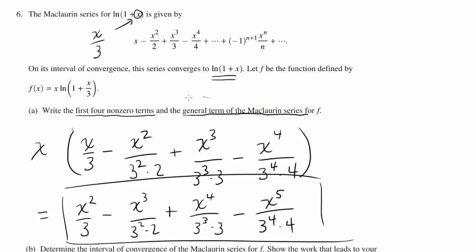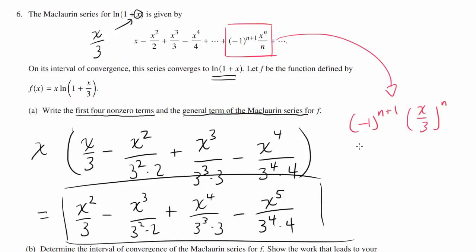Now let's find the general term of the Maclaurin series. Well, they gave us the general term for natural log of 1 plus x, so let's utilize it. So we know we want to plug in x over 3 into x. So x over 3 to the nth power, divided by n, and we have to multiply everything by x. So we have negative 1 to the n plus 1, x to the nth power, and another x.